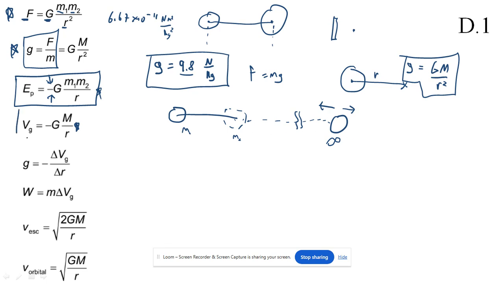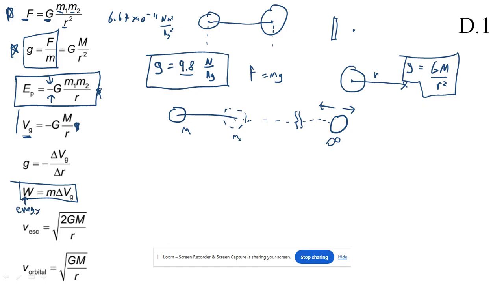Now, V, this is gravitational potential. So the gravitational potential is the energy per unit mass, which is right here. If you multiply a change in potential by a mass, you get energy. So by work, they mean energy.